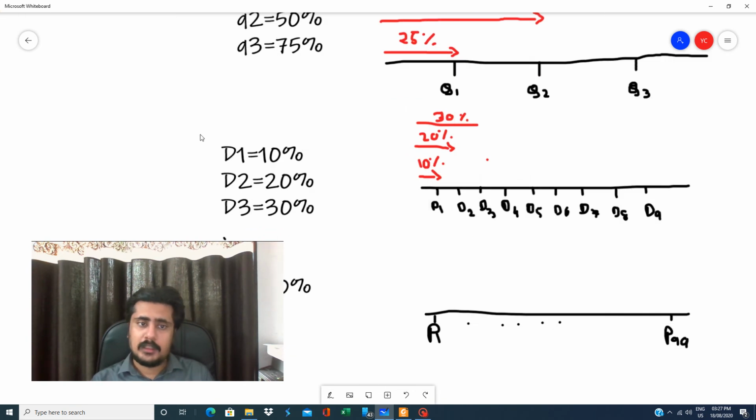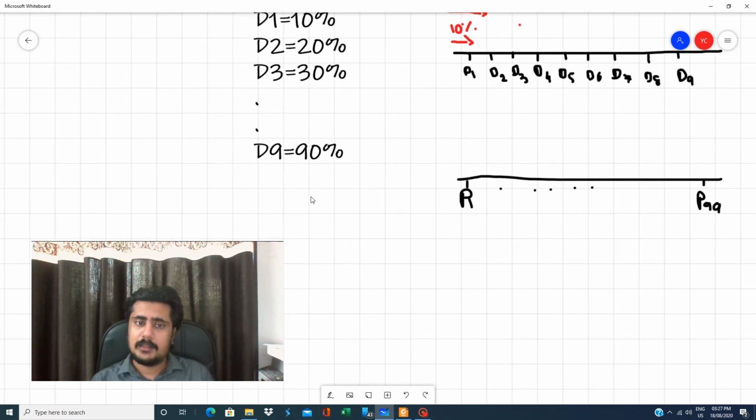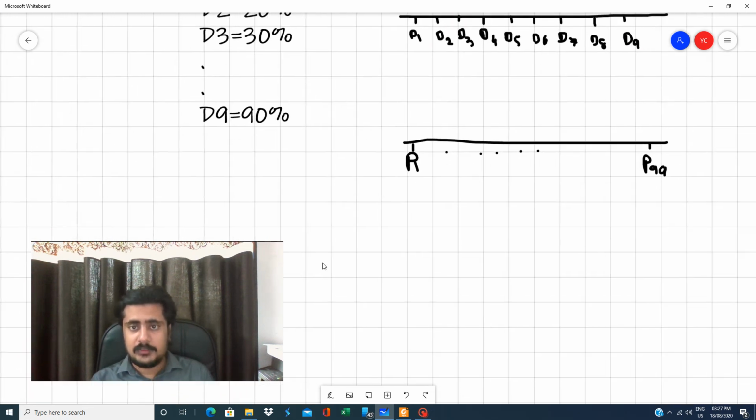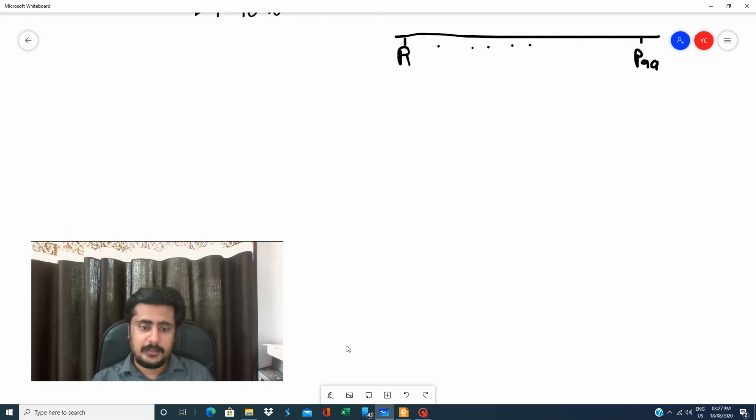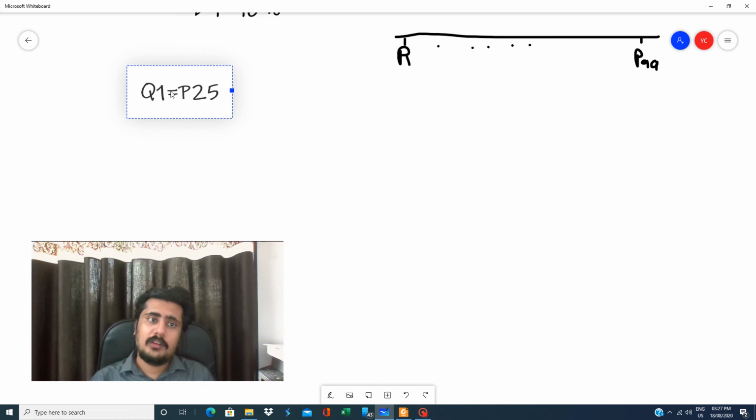Q1 represents like this, and D represents like this. Now if you have thoroughly learned what I taught you, then you would have come to know that the value of Q1 will always equal the value of P25, because Q1 also covers 25% area.